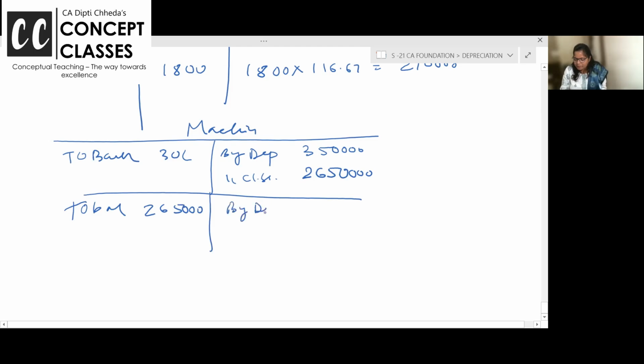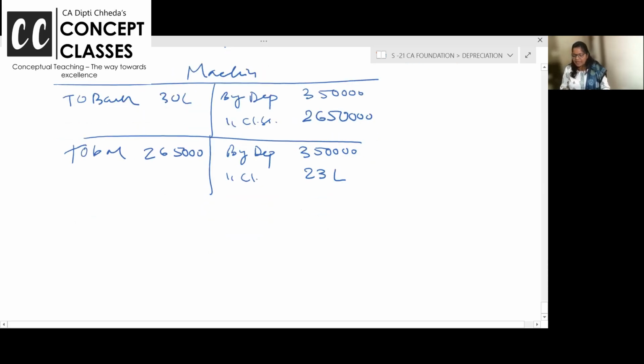Again you depreciate it at 3,50,000. So again the closing balance is 23 lakhs and so on. If you know the depreciation and if they ask you to prepare the machine account, you can do it, no? Very well. Do it at least for 2 years, first year and second year.